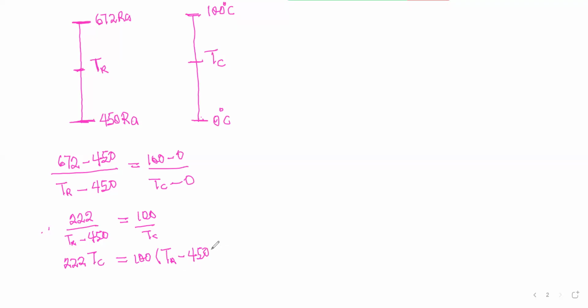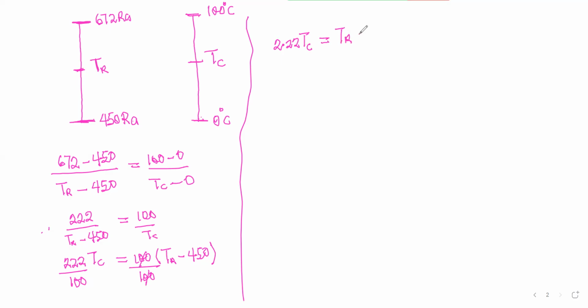I saw some of you doing wonderful things, by dividing through by 100. Let me finish this and talk about what I saw. So 100 goes into 100, so we have 2.22 T C is equal to T R minus 450.